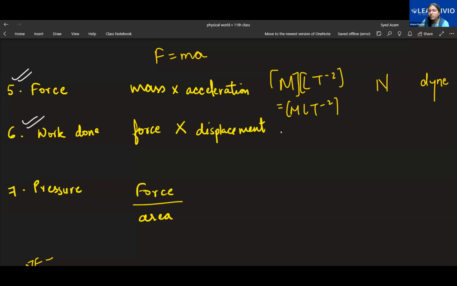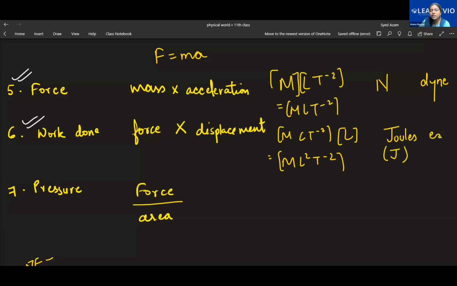Force is MLT to the power minus 2, and displacement means length, so just one more component of length is multiplied: ML square T to the power minus 2. Work done has the unit joules, represented by capital J, and the CGS unit is erg. So for all the energies, this is the same.